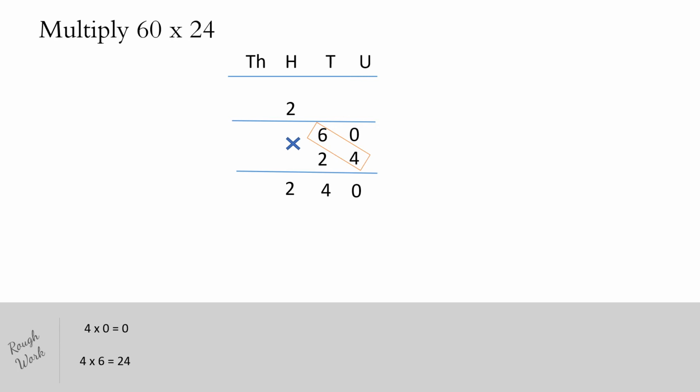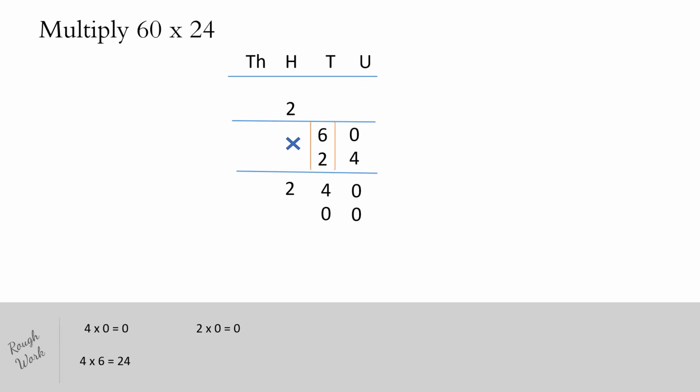So 60 multiplied by 4, we got the answer 240. Now we will multiply 2 by 60. As 2 is at the tens place, we will put 0 at the unit place. So we have written 0 at the unit place. Now 2 into 0, 2 zeros are 0.